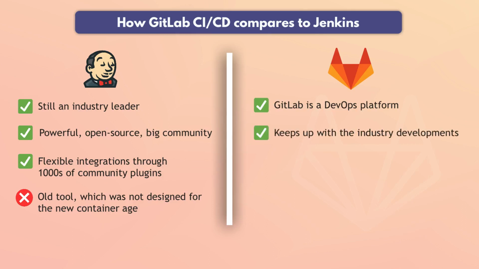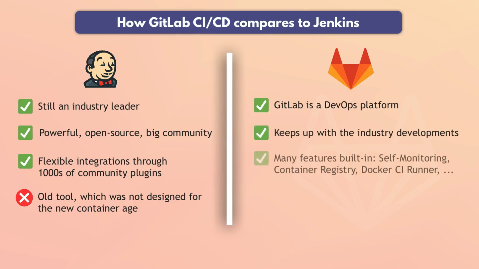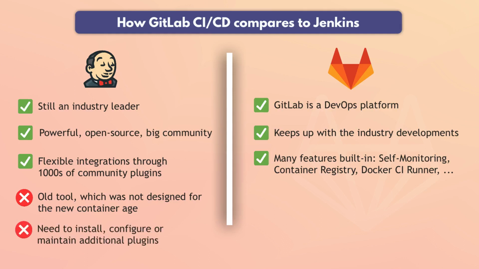And because of that, you will actually see a lot of features that GitLab offers out of the box for testing or for storing your Docker images, etc., that Jenkins doesn't offer at all, or only offers with some additional plugins and tools.